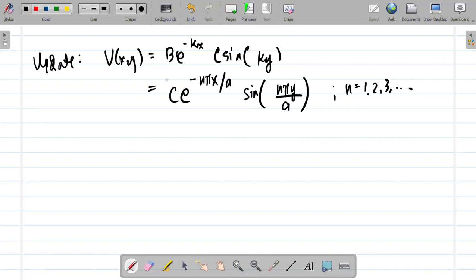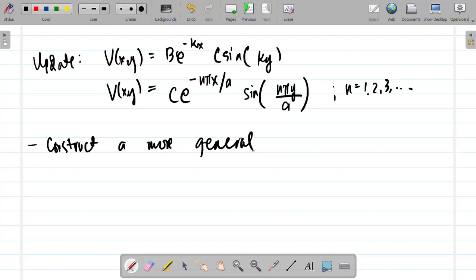N equals 1, 2, 3, dot, dot, dot. Okay. So, yan yung v of xy natin. So, class, di ba n runs from 1 to 3? Sige, simplify pa ulit natin to further. So, let's construct a more general solution na lang. Actually, class, ang v of xy ay infinite sum.